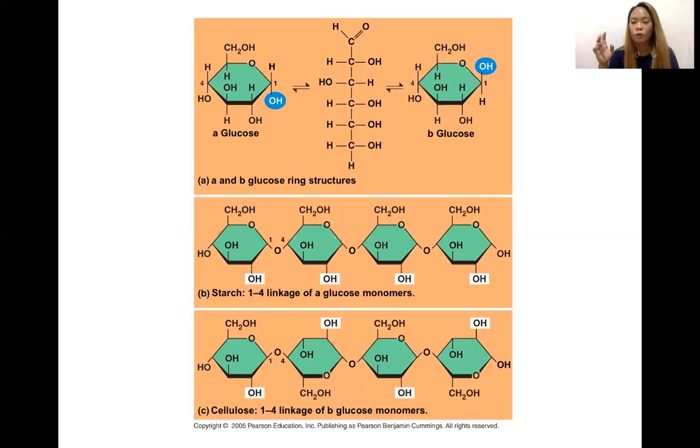Because they always go down, they form rods or helices. Whereas your cellulose is alternately going up and going down, so it's possible to stack them up with one another so they can form sheets.